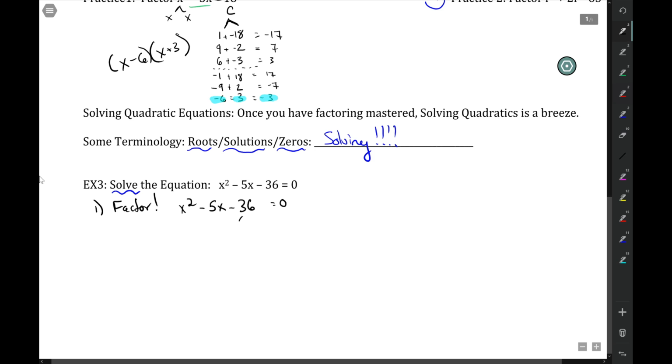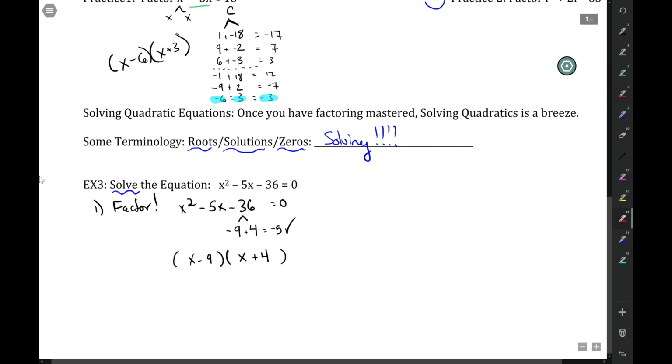You will find factors of c that add to b. So negative 9 and 4 equals our negative 5. So the factor pair is x minus 9 and x plus 4.